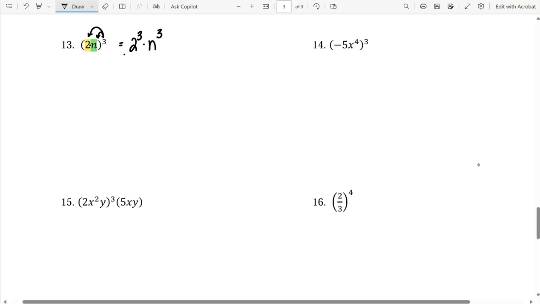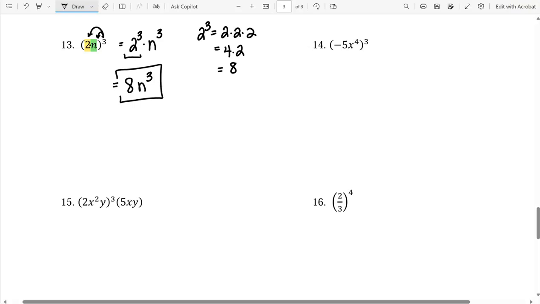This is the exponent form. But because I just have numbers, 2 cubed could be multiplied as 2 times 2 times 2, which is 4 times 2, or 8. So the evaluated form would be 8n cubed.